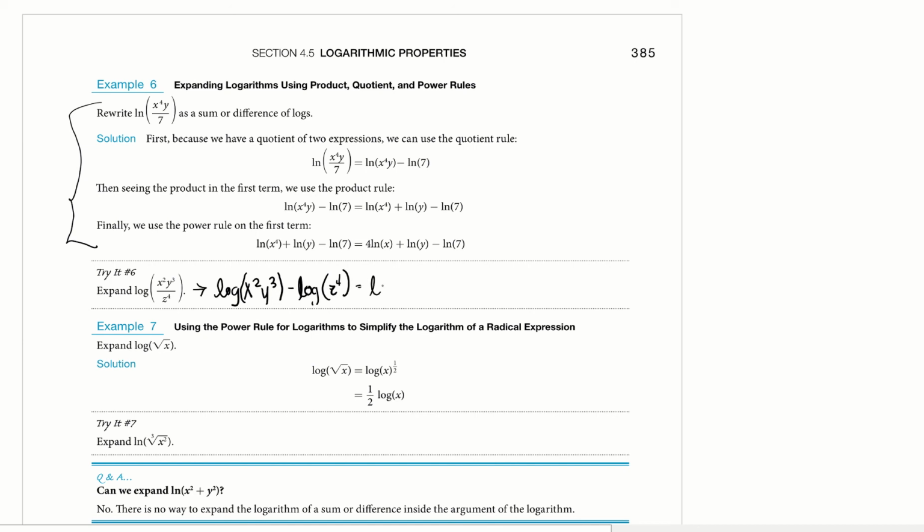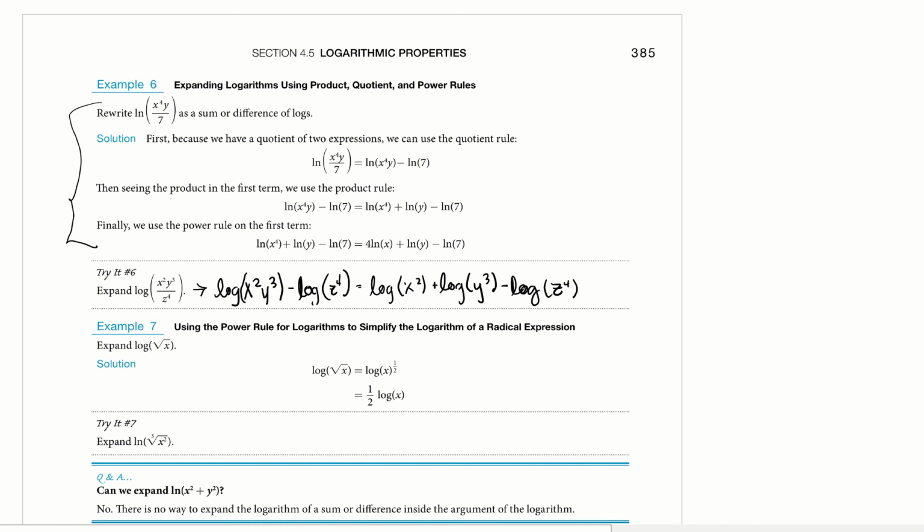And then, breaking these up again, log x squared plus log y to the 3rd minus log z to the 4th.